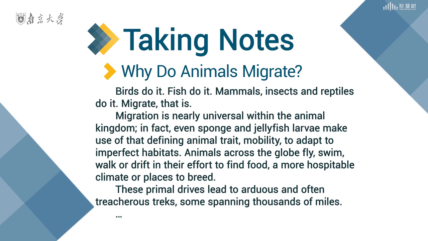Animals across the globe fly, swim, walk, or drift in their effort to find food, a more hospitable climate, or places to breed. These primal drives lead to arduous and often treacherous treks, some spanning thousands of miles.